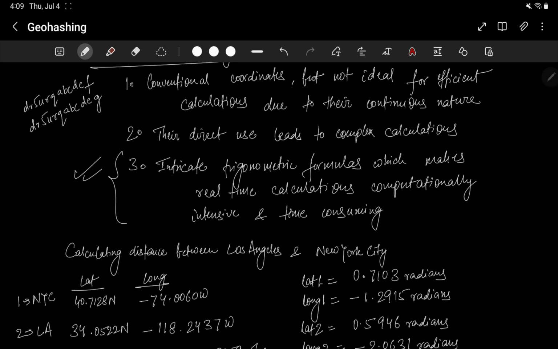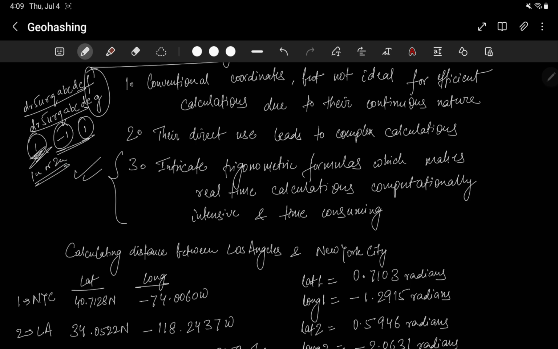Now you see that all you have to do here is string comparison, and you will see the difference between them is F minus G, which is G minus F is 1, or F minus G is minus 1, whatever you say. Absolute value is 1, right? So it means they are close, and from the basic calculation we will know that the distance between them may be 1 meter or 2 meters, something like this.